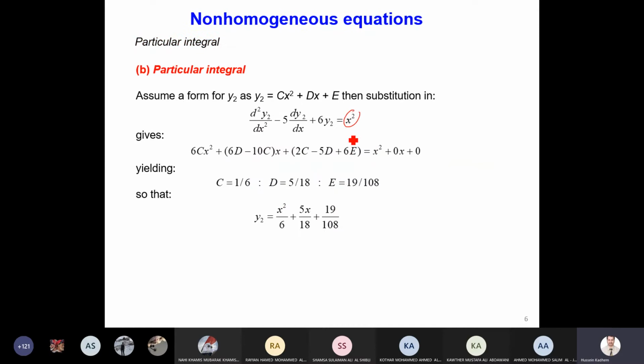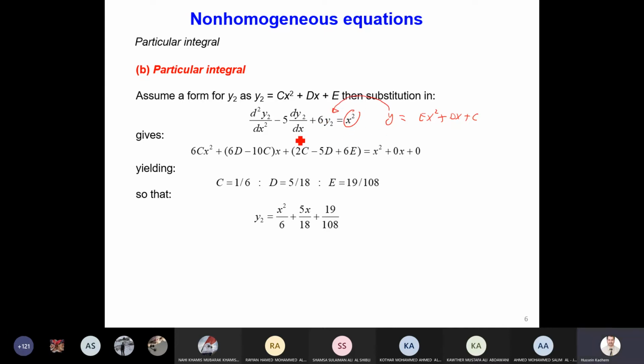I will say yp equals this part, as you can see here. For x squared, y equals c plus dx plus e x squared. Now I will substitute this here.